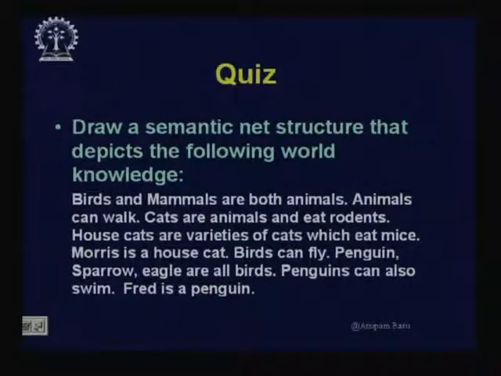But before that, let us end this lecture with a quiz. Take it down. Draw a semantic net structure that depicts the following world knowledge. Birds and mammals are both animals. Animals can walk. Cats are animals and eat rodents. House cats are varieties of cats which eat mice.